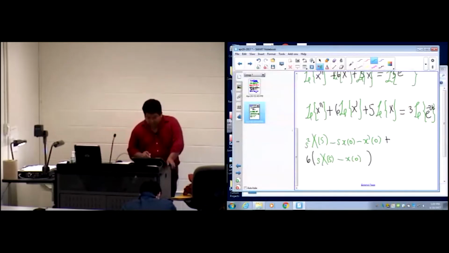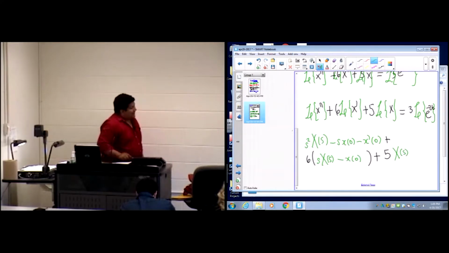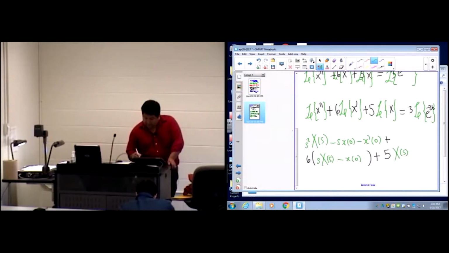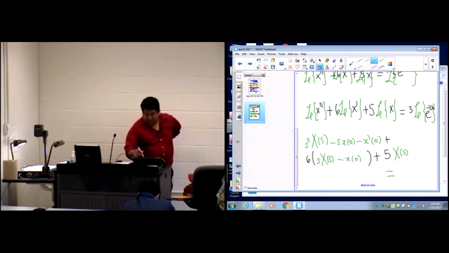The right-hand side, so I'm going to have to write here the equal sign. And then we have 3 times the Laplace transform of this exponential, right? The exponential has argument minus a t, which means that that number a is going to be in the denominator.